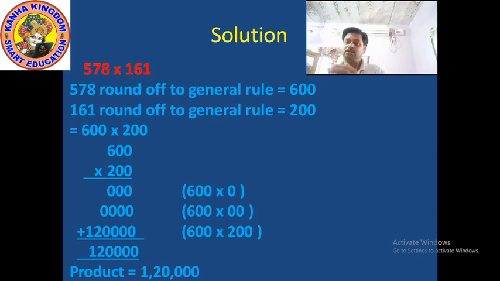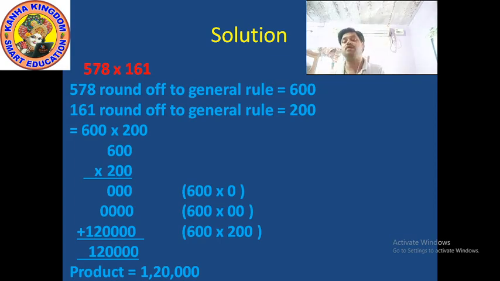The ones digit is 0, so 0 multiplied by the ones digit of the bigger number, which is 0, becomes 0. Now 0 multiplied by the tens digit, also 0, becomes 0. Now 0 multiplied by the hundreds digit, 6, becomes 0.